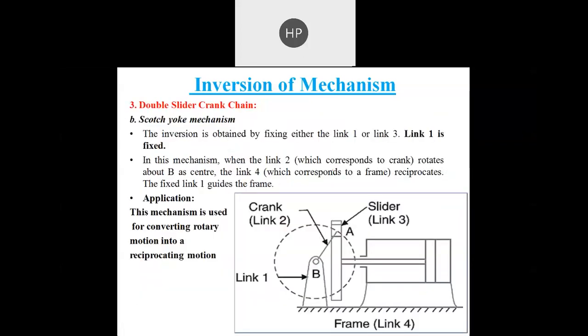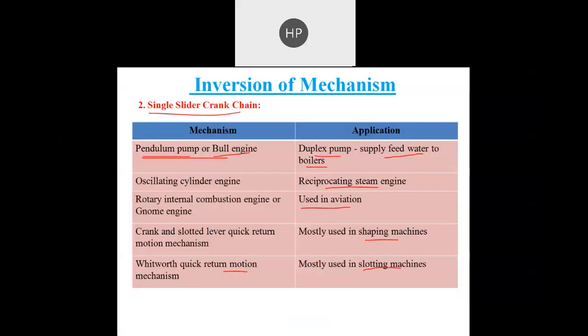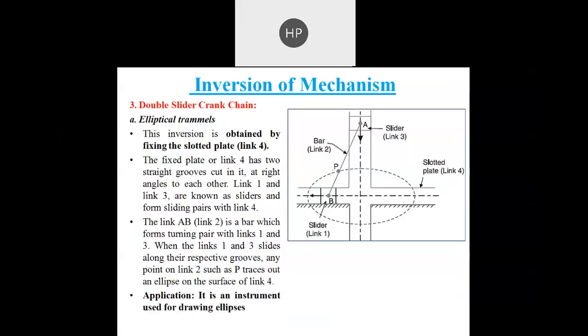Then we have the double slider crank chain. The use of the double slider crank chain and how its inversions are applicable to different areas, we will discuss in our next lecture.